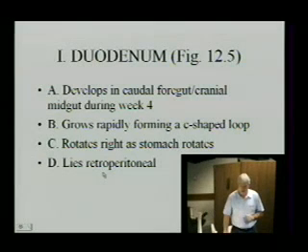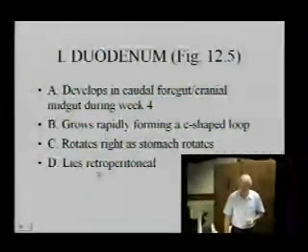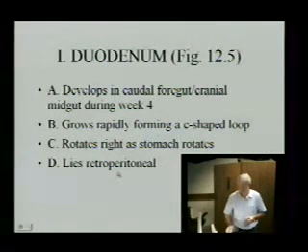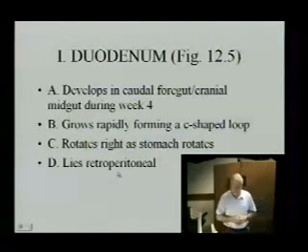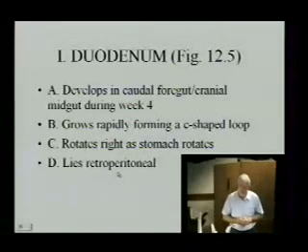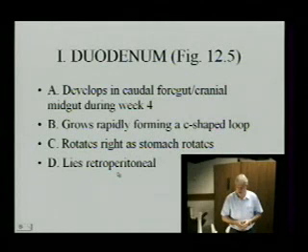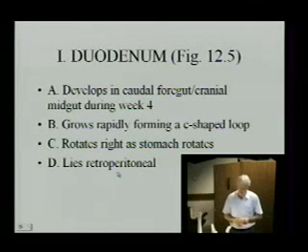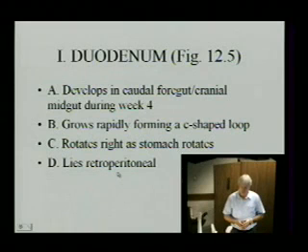So for now, what we want to do is describe basically what happens to the dorsal mesoduodenum and define retroperitoneal as having a primary retroperitoneal type of position or a secondary retroperitoneal type of position for an organ in the fetal through adult stage.